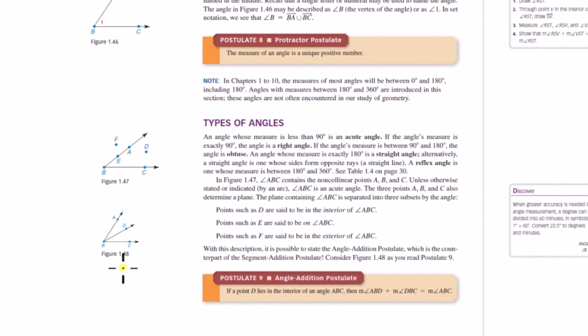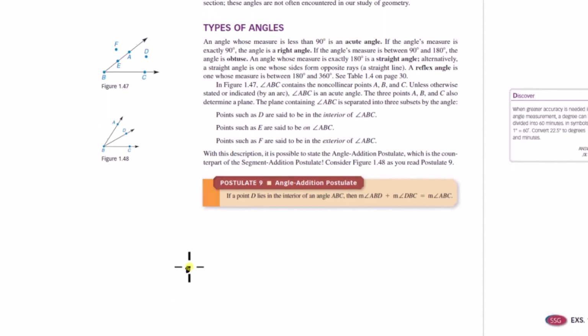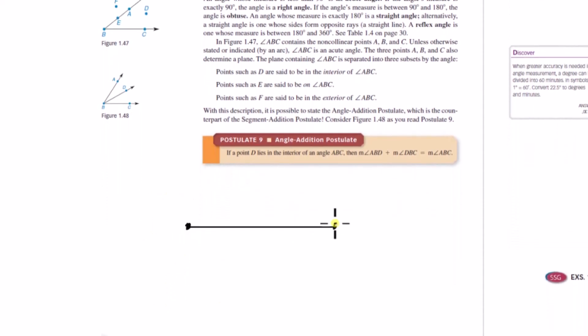So the segment addition postulate was, if you've got a segment AB, and then some point that's collinear with A and B, and between A and B, so it means it's on the segment, some point X, then the length of AB is equal to the length of AX plus the length of XB. And so here we're going to see the parallel to this when it comes to angles. So it's going to be pretty simple.